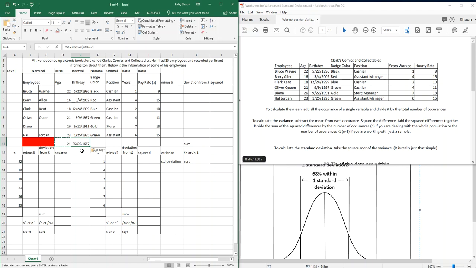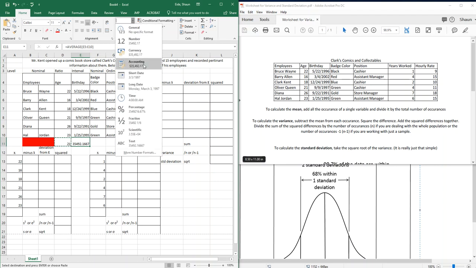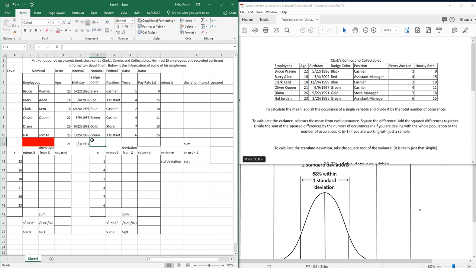The way that you average birthdays, or dates, is you find the distance from 0 AD, and then you average those distances from 0 AD, which in this case is 35,492 days from 0 AD, point 1667. And then we can put that in date format.